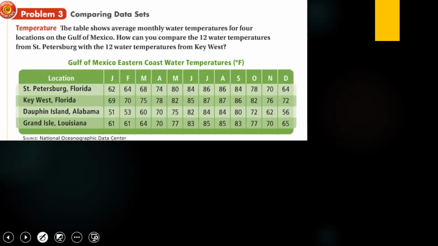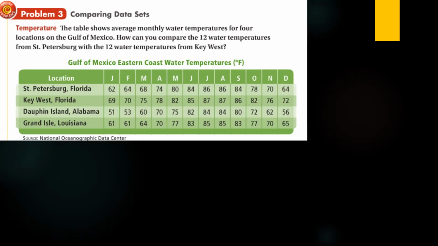This table here shows the average monthly water temperature for 4 locations on the Gulf of Mexico. How can you compare the 12 water temperatures from St. Petersburg with the 12 water temperatures from Key West? So I want now to compare between Key West in Florida and St. Petersburg in Florida.